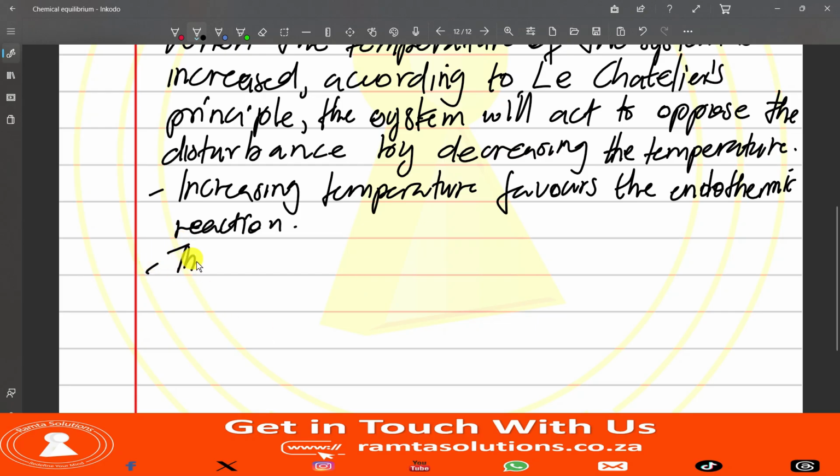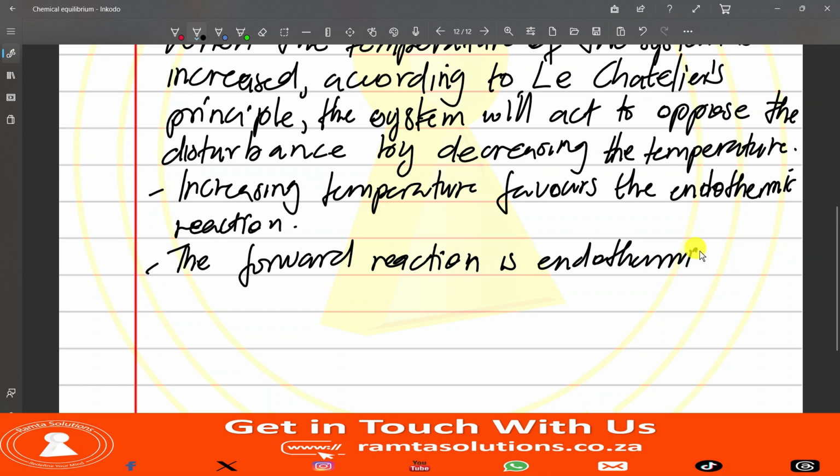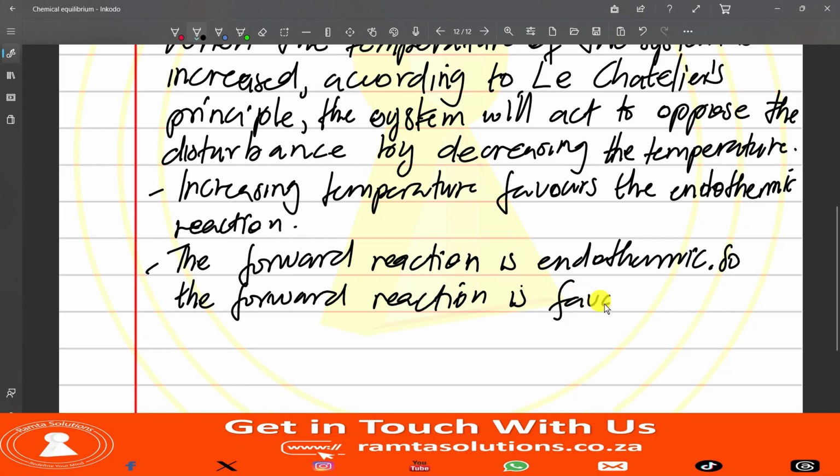Now, here, the forward reaction is endothermic, right? The forward reaction is endothermic. So, the forward reaction is favored, isn't it?